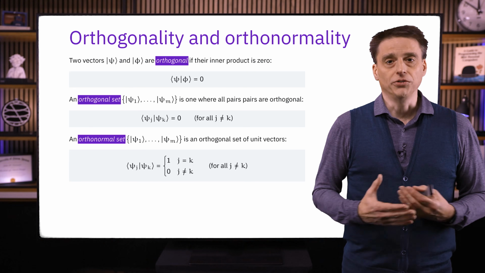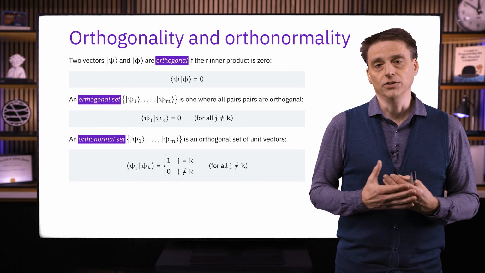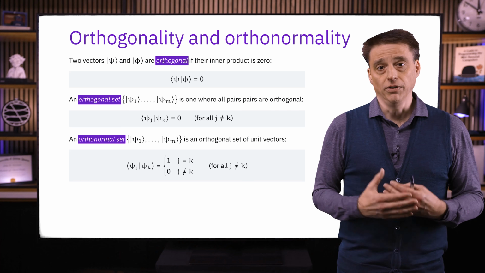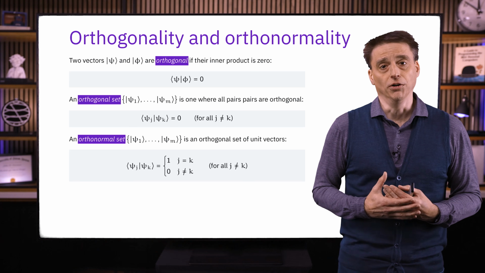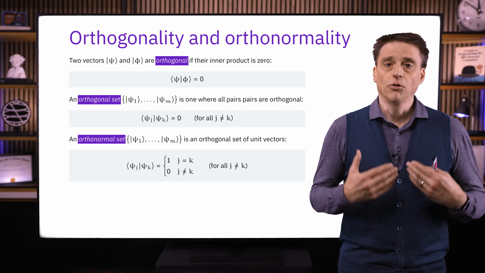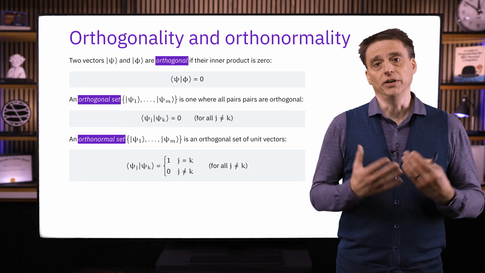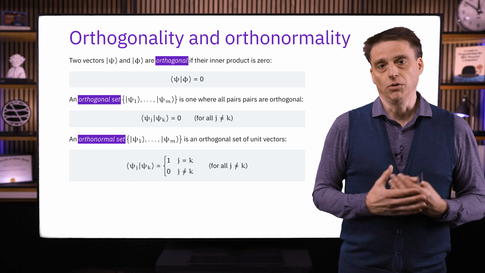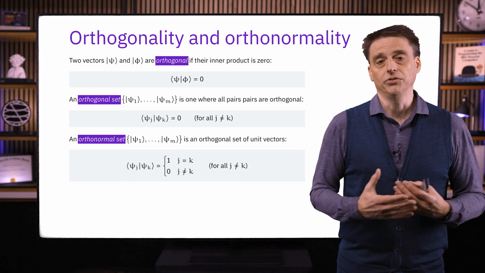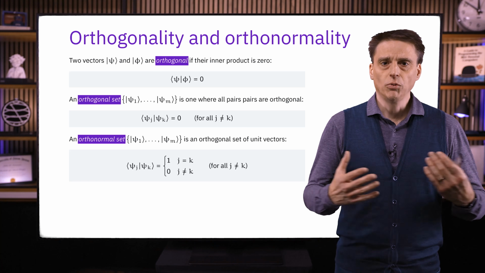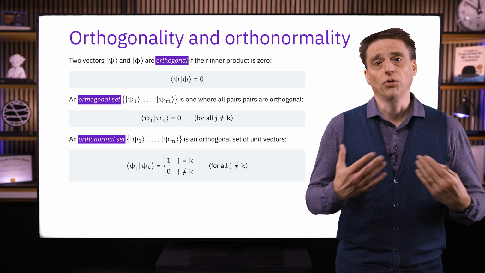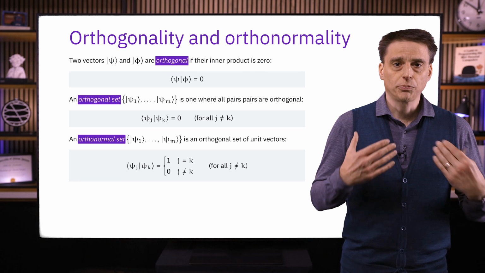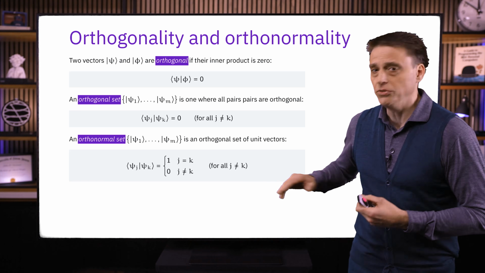Vectors in orthogonal sets don't necessarily need to be unit vectors, and in fact, you could even have the zero vector being an element of an orthogonal set. But in an orthonormal set, every vector must be a unit vector, in addition to the requirement that the set is an orthogonal set. Given what we know about the relationship between the inner product and the Euclidean norm, we can express this condition pretty succinctly as you see right here.